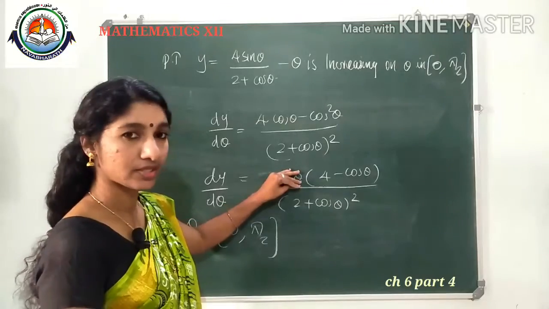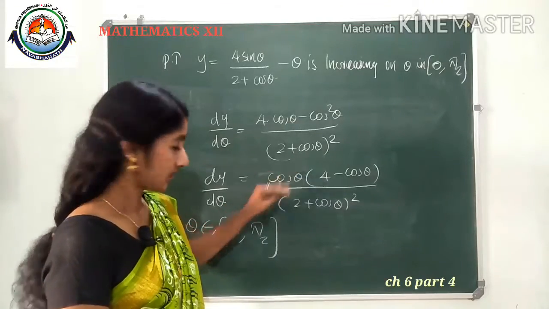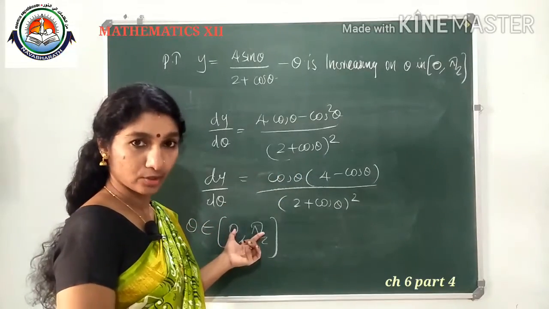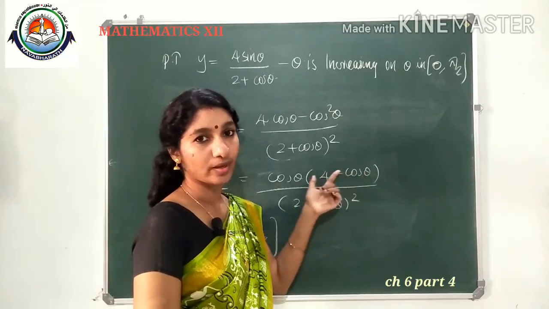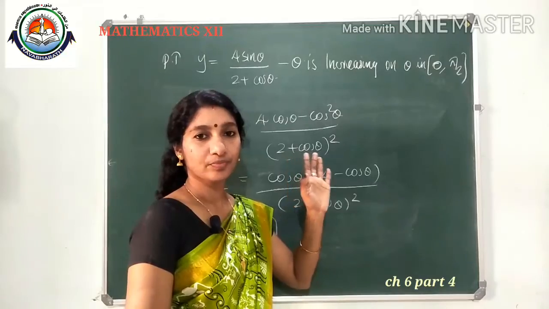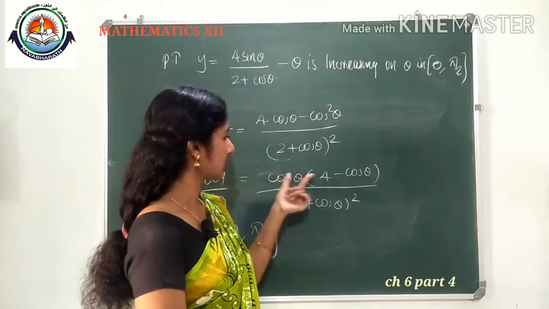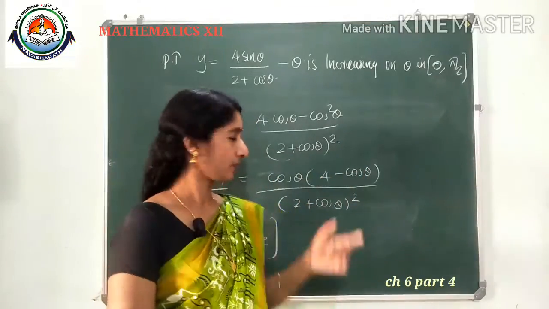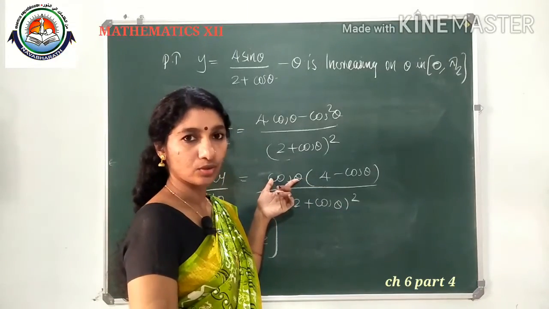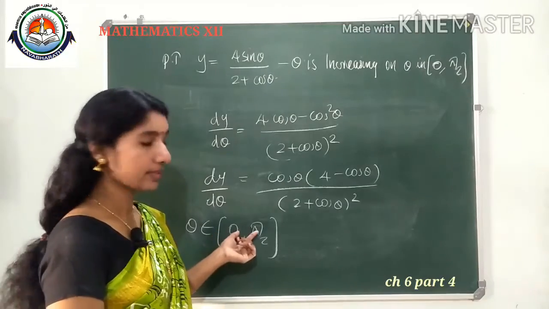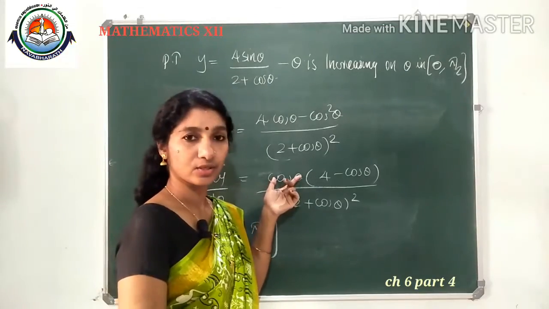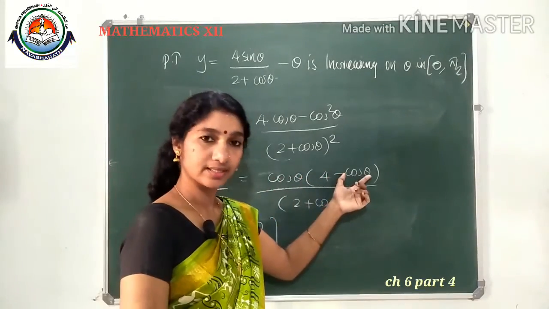So cos theta is positive since it lies in the interval 0 to pi by 2. For cos theta's maximum value, 4 minus cos theta will always be positive. You should write this reason below: cos theta is greater than 0 in the first quadrant, that is when theta belongs to 0 to pi by 2, cos theta is greater than 0. 4 minus cos theta is greater than 0.